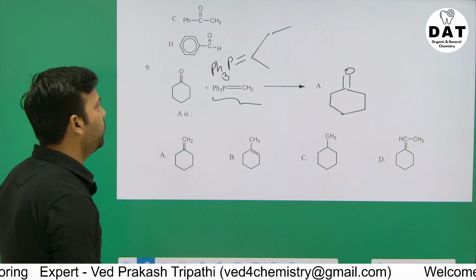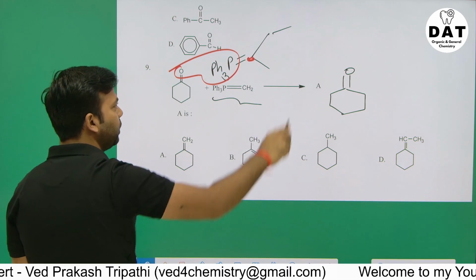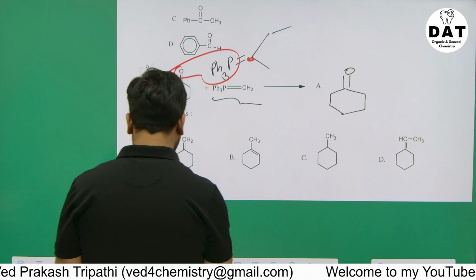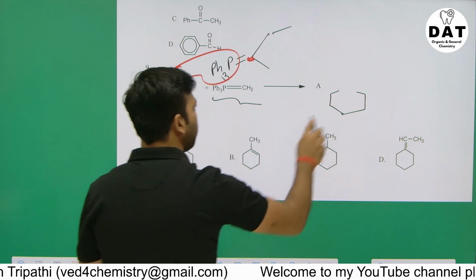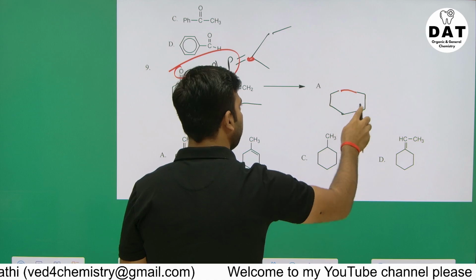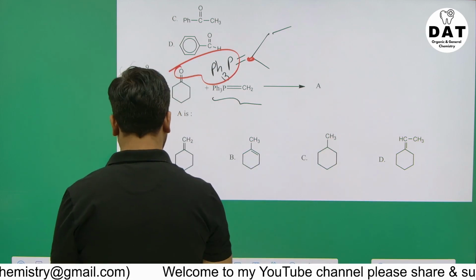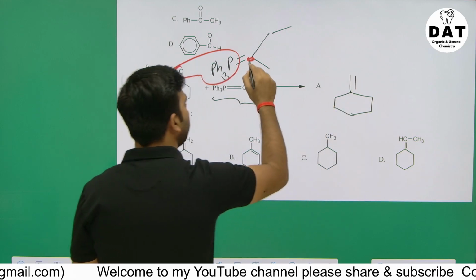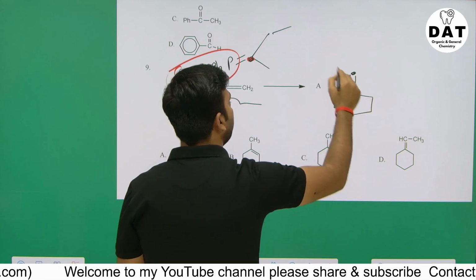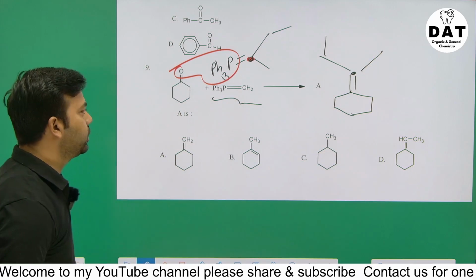So simple, you have to remove this oxygen with PPh3 and attach this entire thing with this ring. So your product will be what? It should be like this, double bond, and now look at this carbon. This is the carbon. Clear? This is called Wittig.